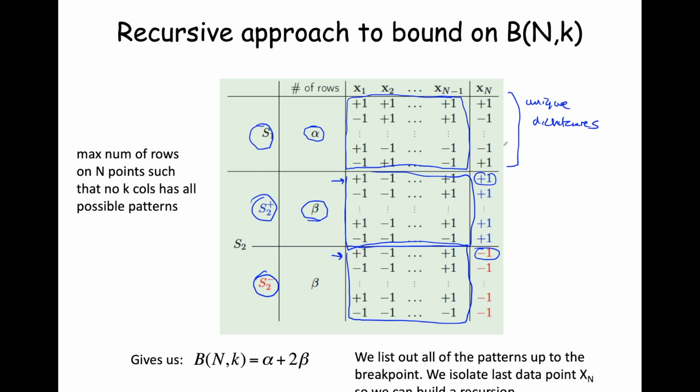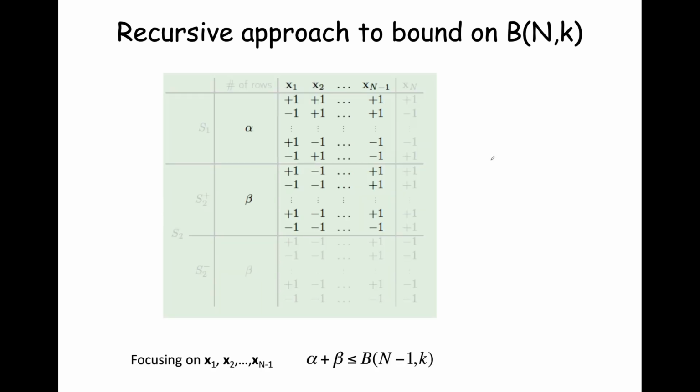So now, given this construction, let's direct our attention to this first region and the second region. What we're going to do is count the number of dichotomies for this subregion, and we do this to set up our recursive expression for the bound on B(n,k), the unrestricted version. Here, we're going to remove that nth column and look at the unique dichotomies that we get for this augmented version.